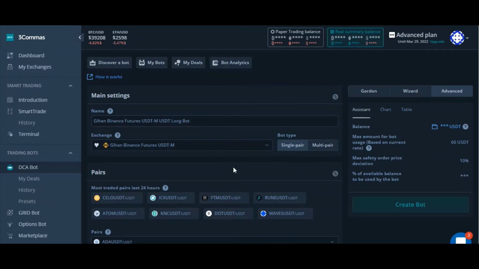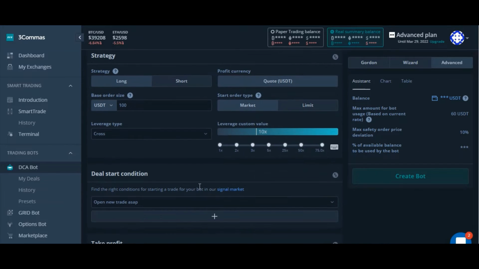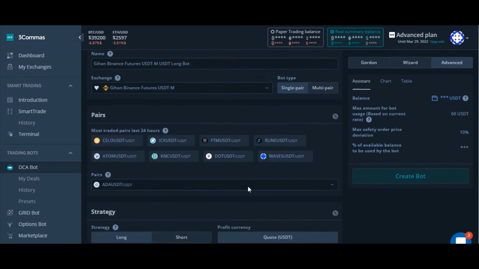But in futures, since I have put my leverage here, I am buying ADA not with all my own money, because I am borrowing some money as well. That means there is a high possibility, if the price of this coin goes down more, there is a chance of liquidation. So you need to pay attention to this also.